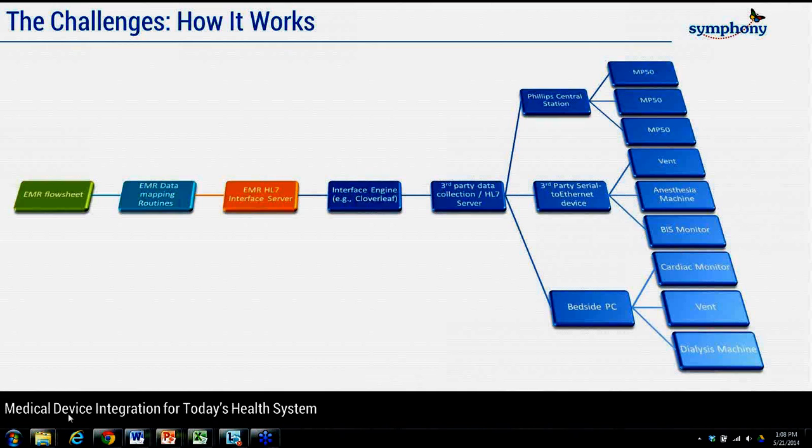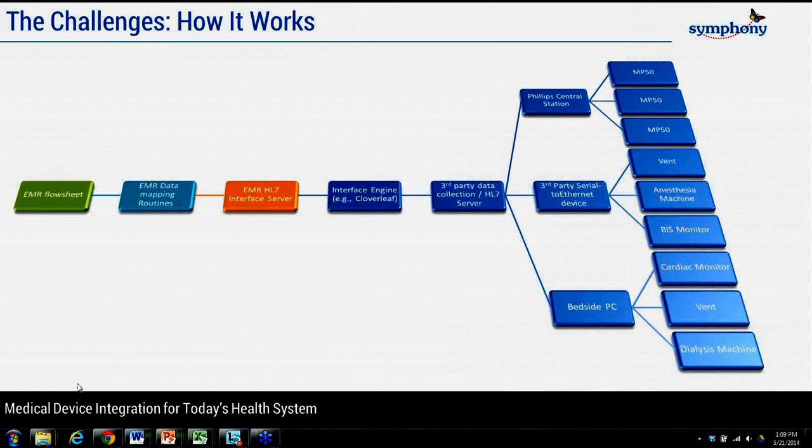From there, it's on to the HL7 interface on the EMR. That's the broker. That's where all the data is hitting the interface. That's where it's all coming in. Anything that crosses that interface then gets shuffled off to the data mapping routines within whatever EMR you're using. And this is pretty universal.